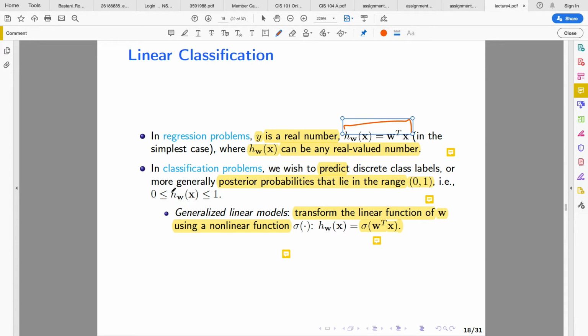So the values that we want to predict should be between 0 and 1. Then we can say all that are in the zeros belong to the 0 class, and all that are in the 1s belong to the 1 class. Generally, a linear model transforms the linear function of w using a non-linear function.